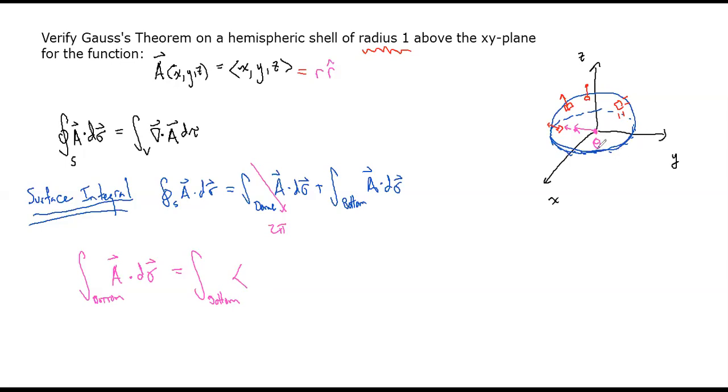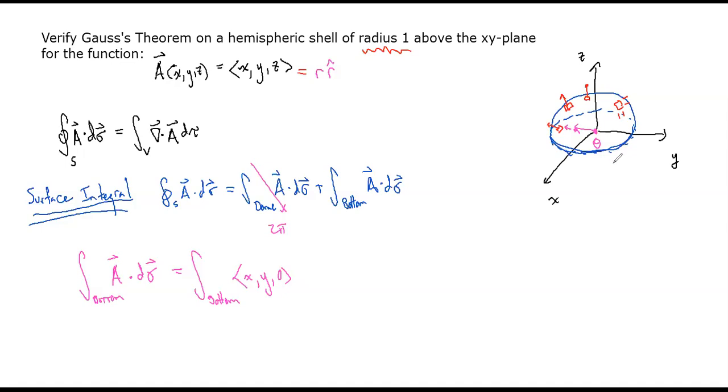So X and Y can change, but what's true about Z? Z is 0. Yep, so the XY plane is the surface described by Z equals 0.